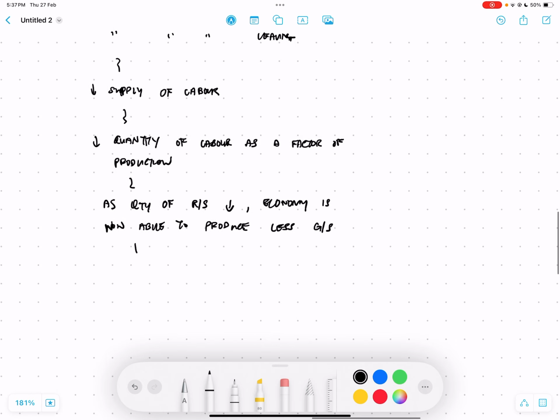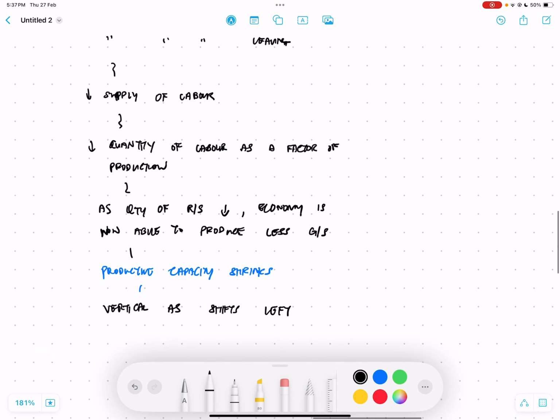And so again, use the keyword here: productive capacity shrinks. And what this means is, on the vertical, AS shifts left. Okay, so that's the leftward shift.